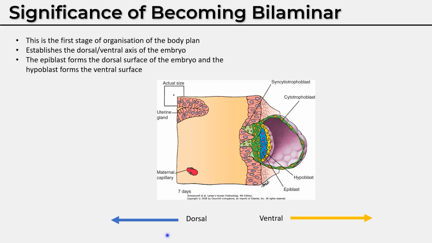So we can see on the dorsal aspect we have these epiblasts forming, and on the ventral aspect we have these hypoblasts forming. And these essentially are what mean we kind of reverse into the endometrial lining. So we are reversing in epiblast cells first into the endometrial lining, and the hypoblast cells remaining ventral.